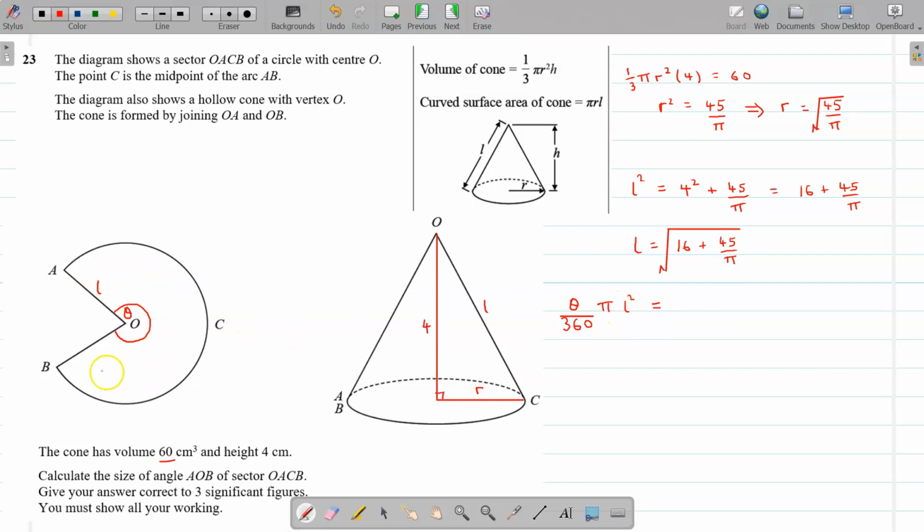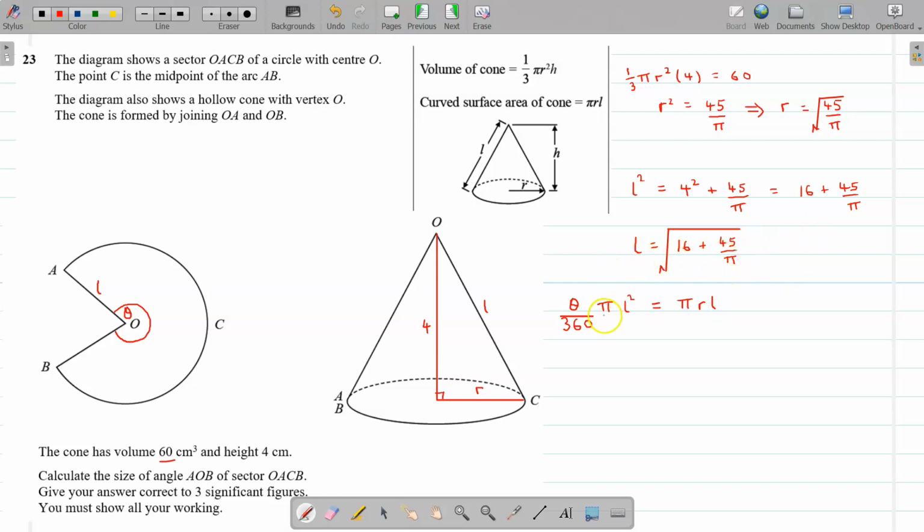So the area of this piece here that's been cut out from the circle is the same as the curved surface area of the cone, because that's what we made it from. And that is therefore pi times r, the radius, times the slant height of the cone. So pi r L.